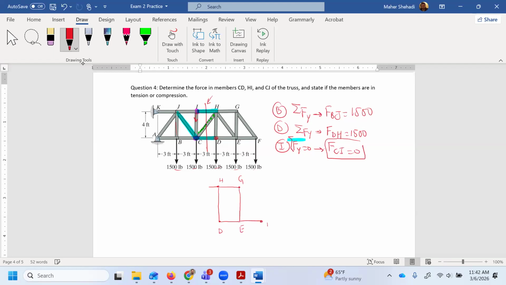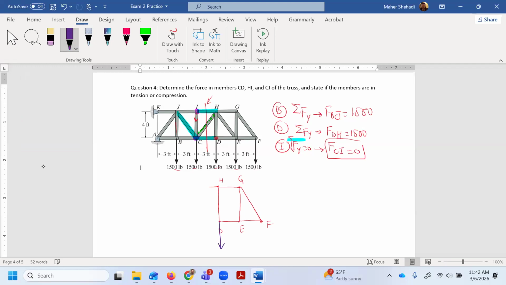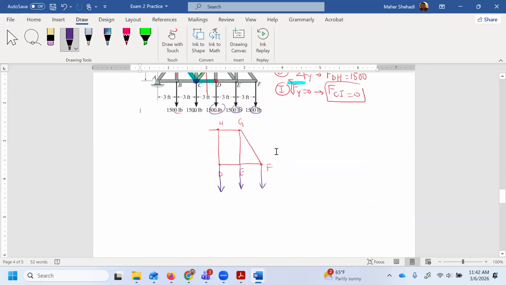Then F. First, let's put the external forces. I have here 1, 2, 3. All these are 1500.